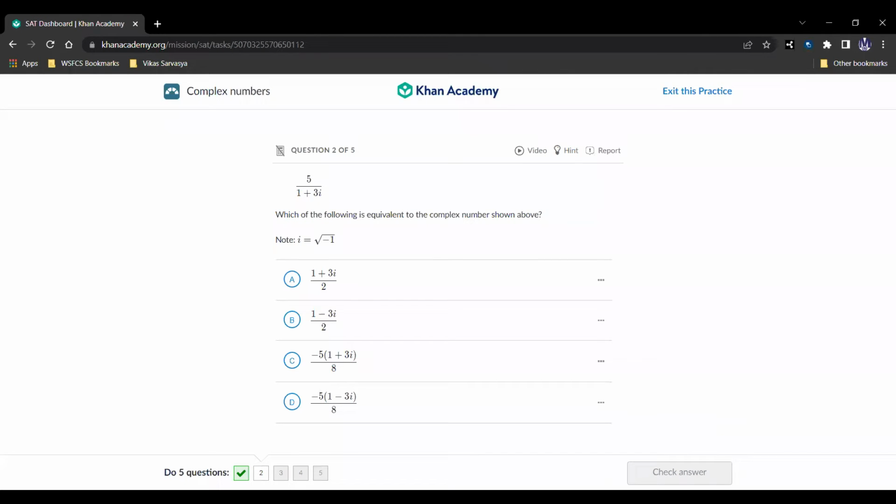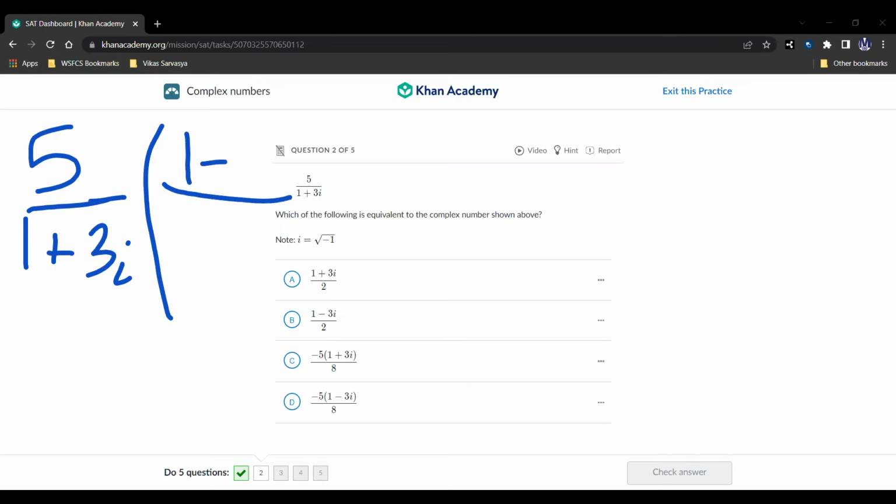All right, so now we have this. We have 5 over 1 plus 3i. We can multiply this on both sides by 1 minus 3i over 1 minus 3i.